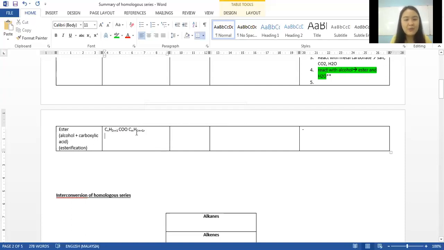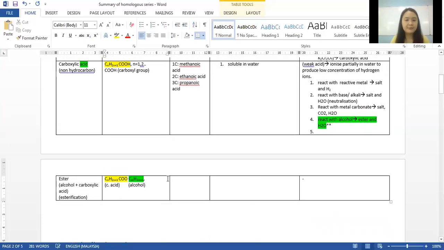But just to break it down, the part I highlighted in green is deduced from alcohol, and the part I'm highlighting in yellow is deduced from carboxylic acid.